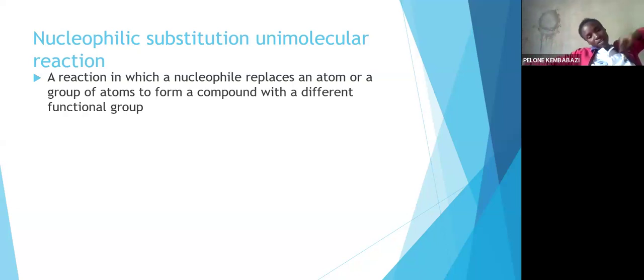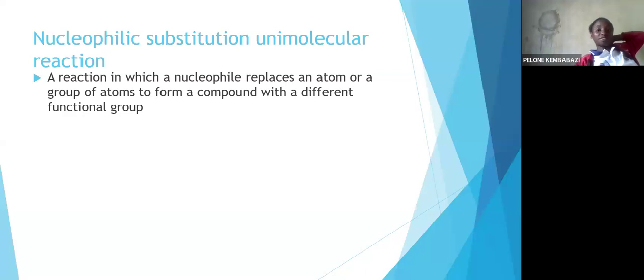On the other side, we were substituting hydrogen in the benzene ring. But in this case, we have a nucleophile in the compound already, and we want to replace it with another nucleophile. This reaction comes in two types: unimolecular and bimolecular nucleophilic substitution.